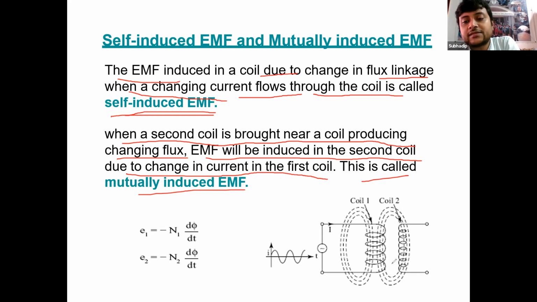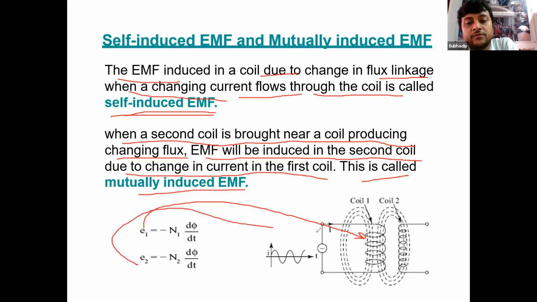Now this flux is also linked with this coil. So E1 belongs to here: E1 equals minus N1 d phi by dt, and this E2 will come from here: minus N2 d phi by dt.